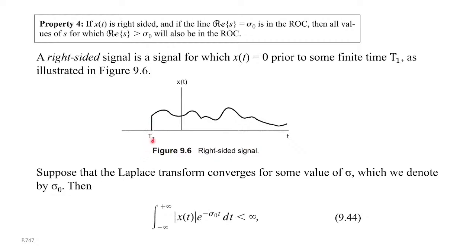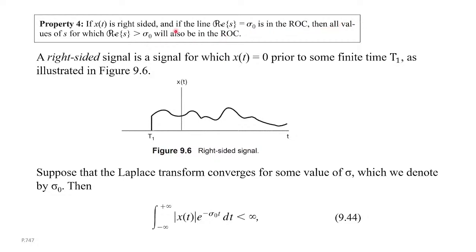Right-sided means that it might extend to the right to infinity. So when we say right-sided, it's more like it's left-bounded. So it has a boundary on the left side. At some point t1 it is 0 when you go to the negative, but on the right it can be anything.